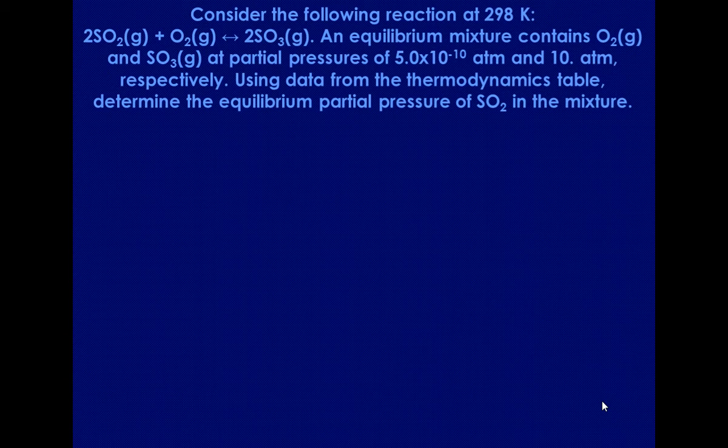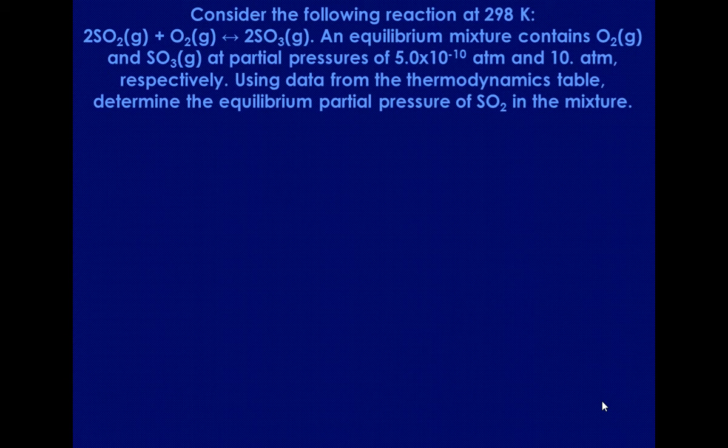This particular reaction, we've got SO2 and O2 forming 2 SO3s. You're told what the equilibrium partial pressures are for O2 and for SO3. It says using the data from the thermodynamics table, figure out the equilibrium partial pressure of SO2.